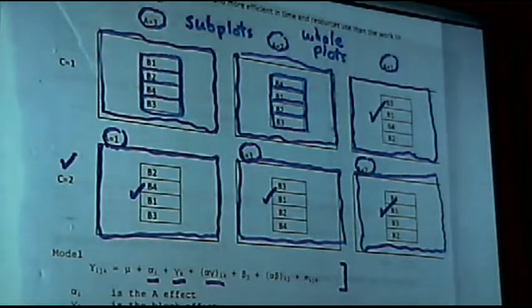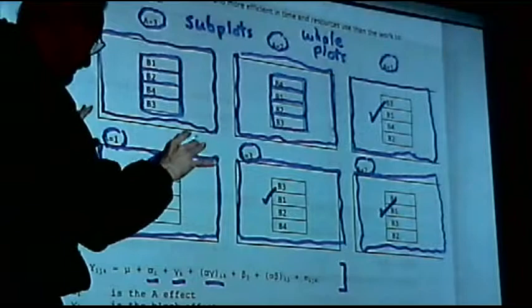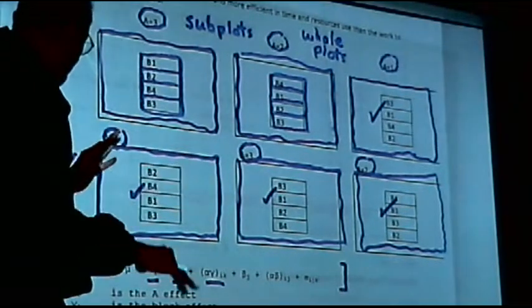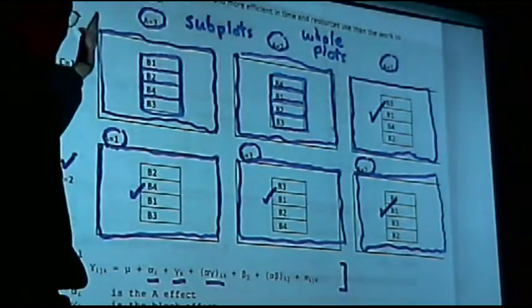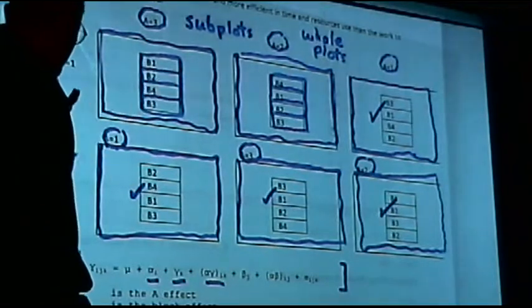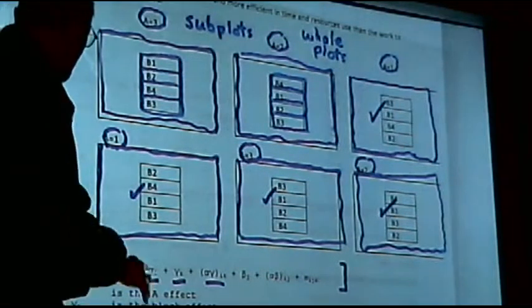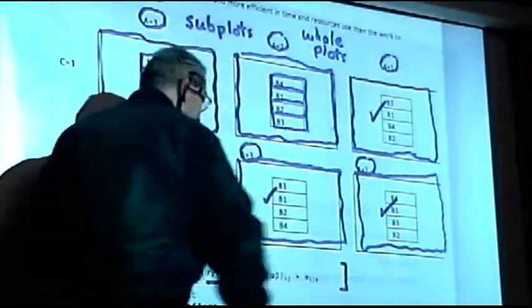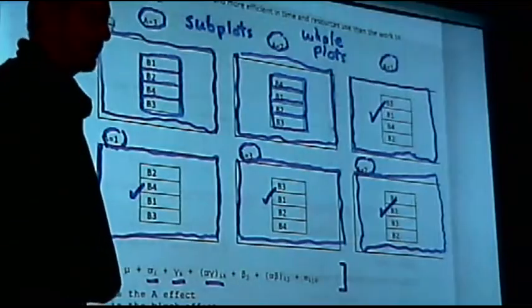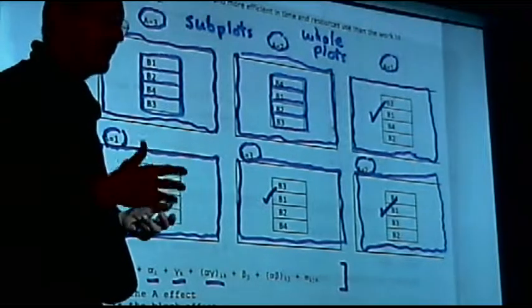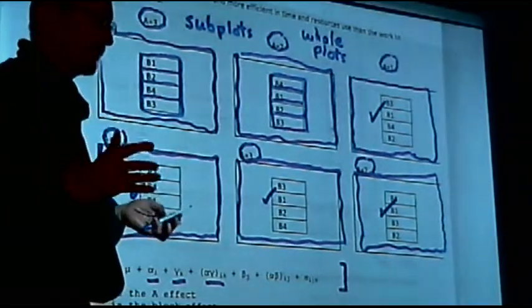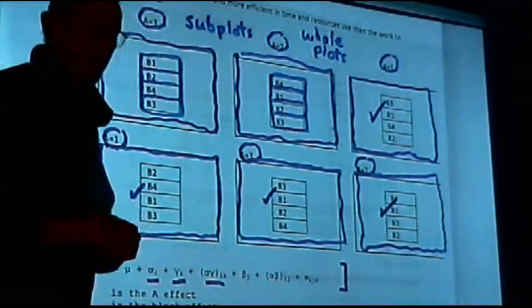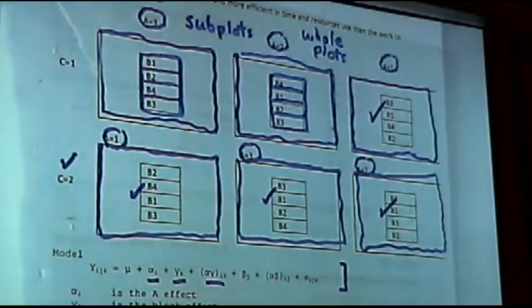Because if you just stand back and look at the big picture, factor C and factor A, you see that for C versus A, I have 1, 2, 3, 4, 5, 6 cells giving me such information. So factor A and C are just naturally crossed in this layout. And so I have this AC interaction term in the model.